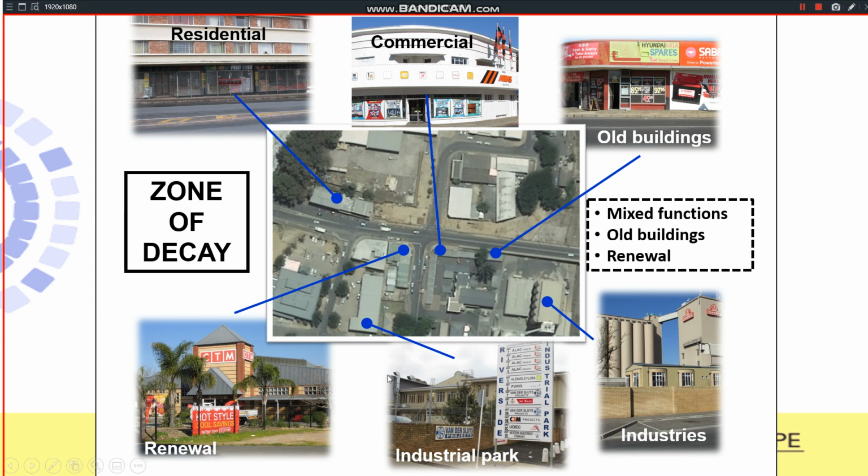Then you will also find industrial areas, industrial parks situated here. Then you will also see on this side here renewal, where new buildings have been built or developed, right? Then you will also find the residential area over here, right? So from here you can see all these functions make up the zone of decay, right? All these functions form part of the zone of decay, right?